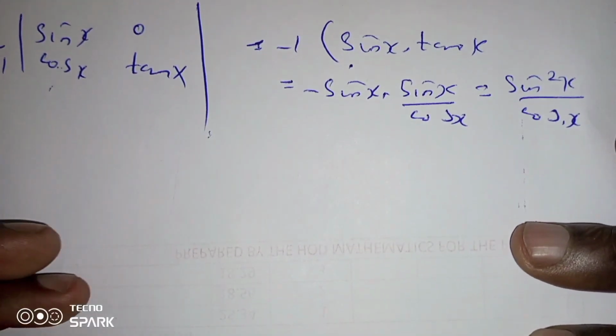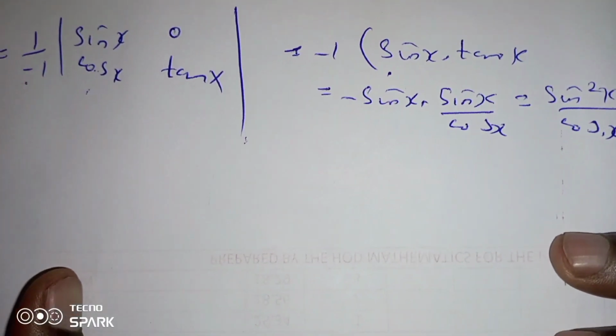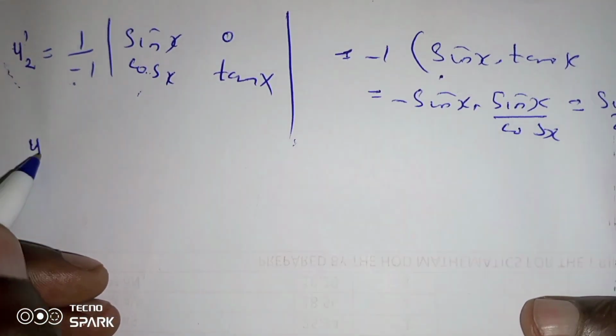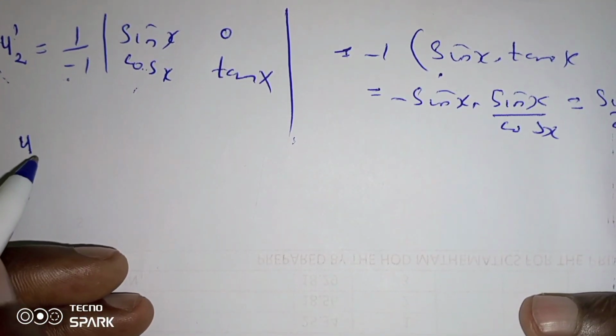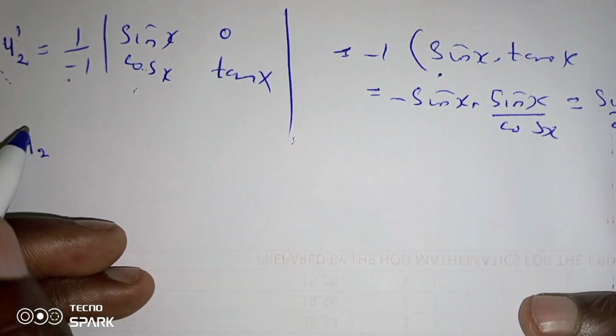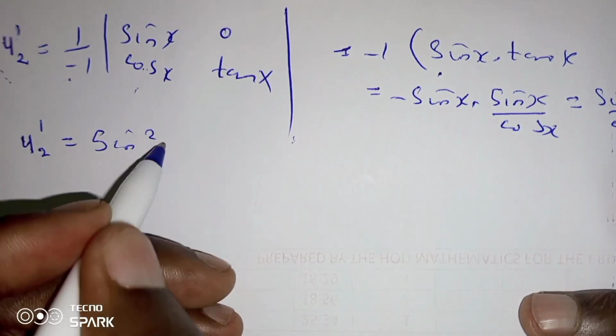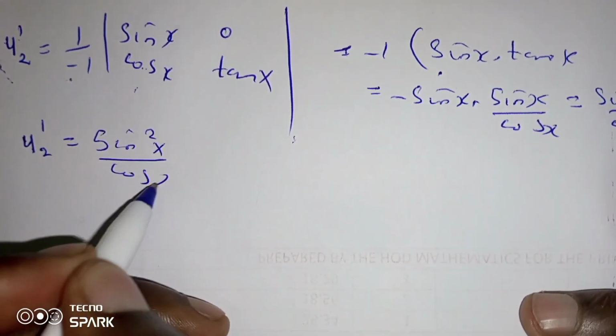So our u2 prime is equal to sine squared x over cos x.